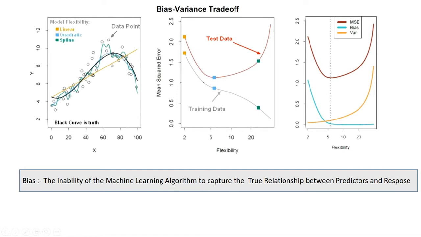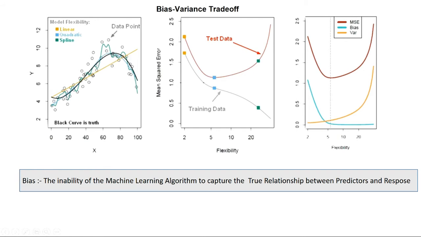And then at last there is a spline, a more flexible model than the quadratic, represented by the green line here. As we have learned, bias is the inability of a machine learning algorithm to capture the true relationship between the predictors and response. You can clearly see that the linear model, represented by this line, has high bias because it is not able to predict the relationship represented by this black line.